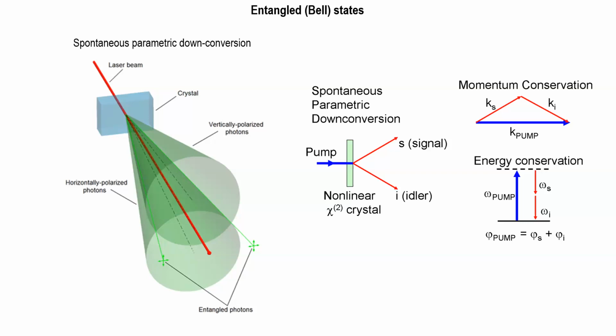This type of source of entangled states is the most widespread entangled photon source. Unfortunately, the system is not very well scalable, because the scattered photons change the frequency, so you cannot put another crystal over here and use this process once again.